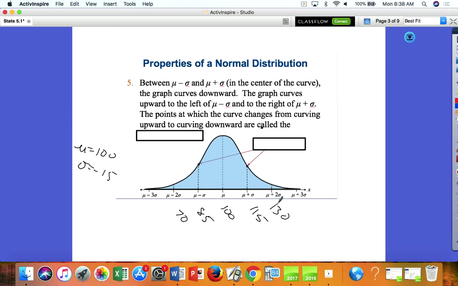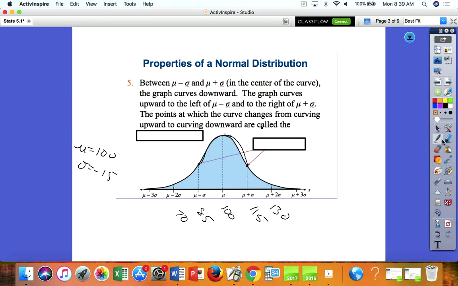What did we call, let's read this, I guess. So between mu minus sigma and mu plus sigma, the graph curves downward, okay? The graph curves upward to the left of this value and to the right of this value. The point at which the curve changes from curving upward to curving downward is called?